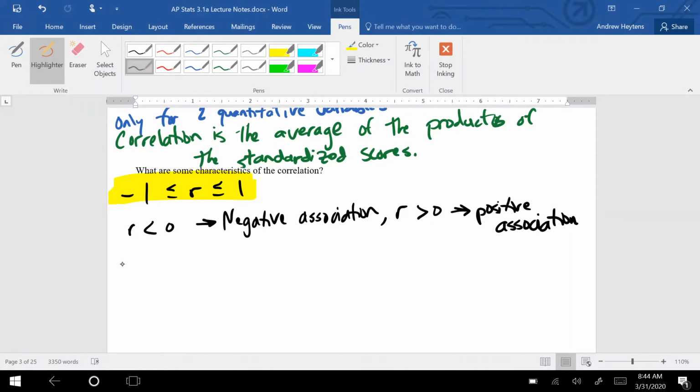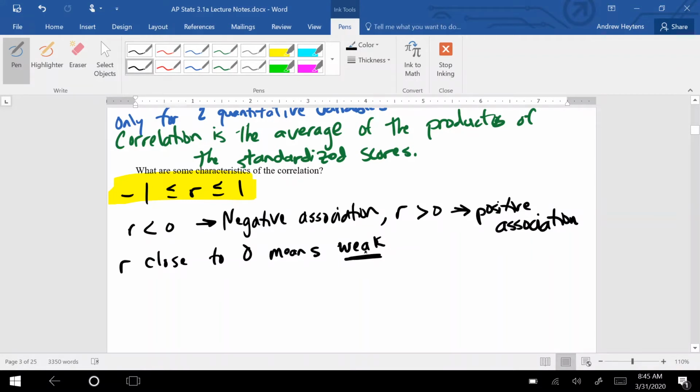If your R value is close to 0, that means the strength is weak. Remember yesterday, I talked about strength, and I said later on I would give you a little more information on strength. If you have an R value that's close to 0, it doesn't matter if it's positive or negative: negative 0.1, positive 0.1, that means your strength is going to be weak.